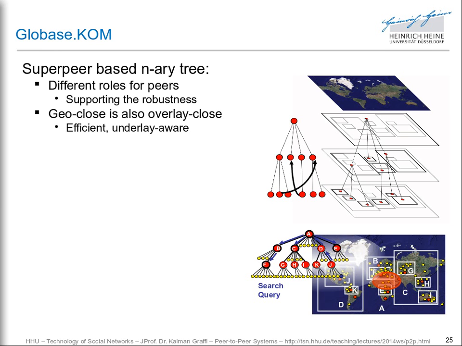We have different roles for peers, which supports robustness. And we have a structure where the super peers are responsible for a rectangular zone, and these zones lie within each other. So for example, we have here a Globase overlay, but we will come to this later on.